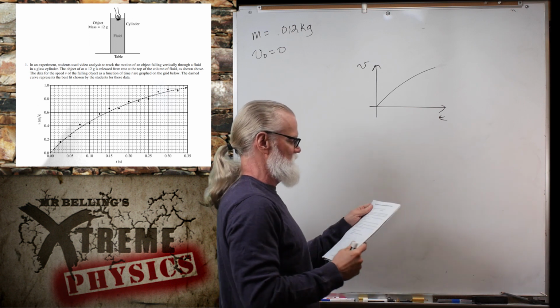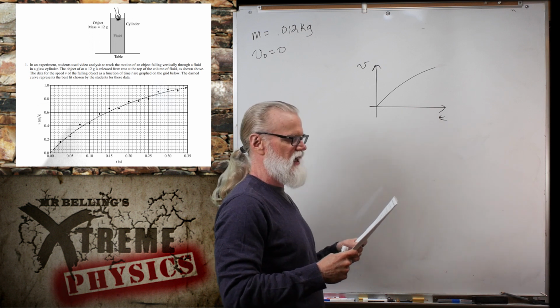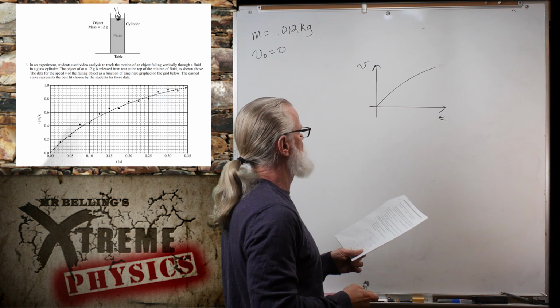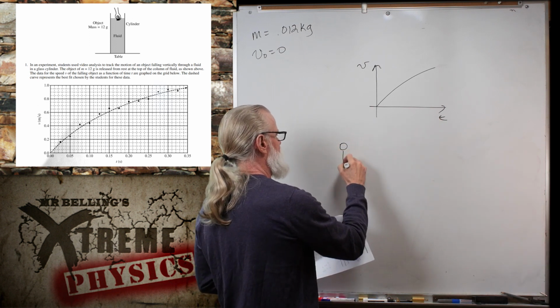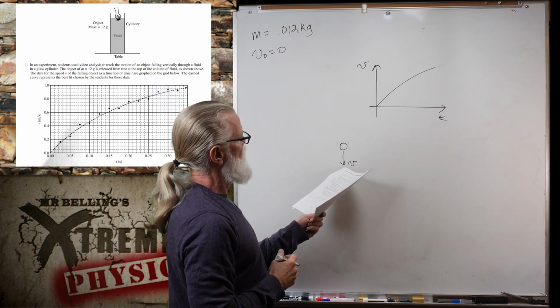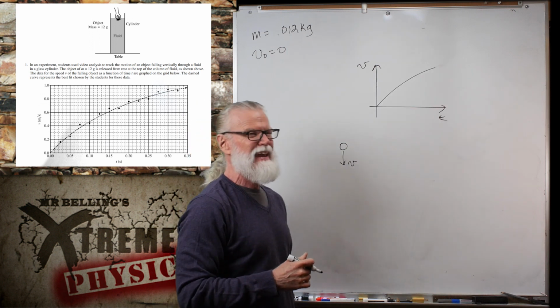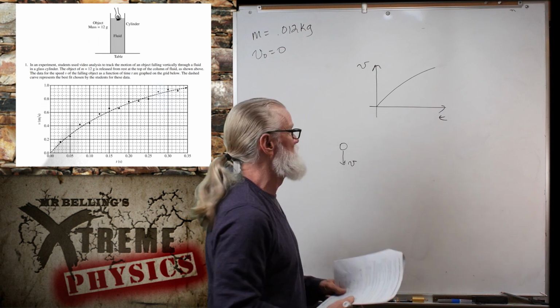In a brief statement, describe the direction of the object's acceleration and how the magnitude of this acceleration changed as the object fell. All right, well, so we had an object falling. Since they plotted speed, we can't directly get the acceleration from this graph. We're going to have some sign problems.